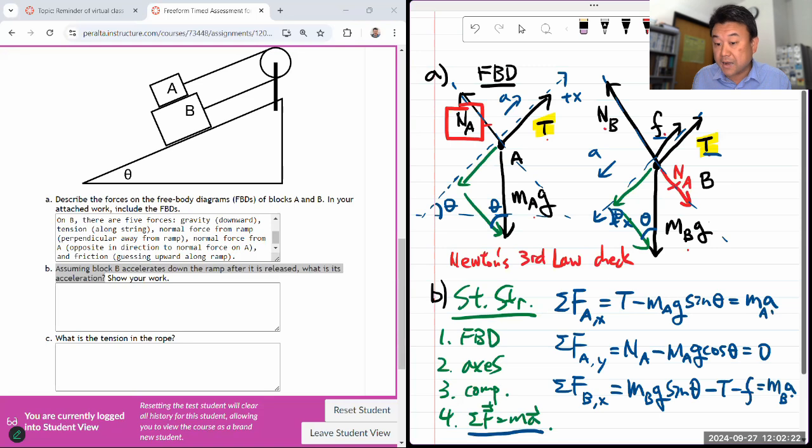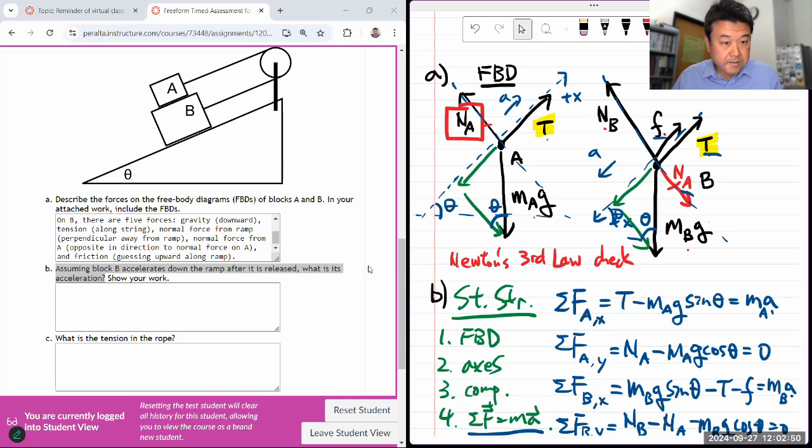Same acceleration magnitude because they're connected together and the string isn't stretching. Finally, net force on B along the y direction: normal force N_B minus, you've got 2 forces, this and this component of gravity, so minus N_A minus m_B g cosine theta, is equal to 0.